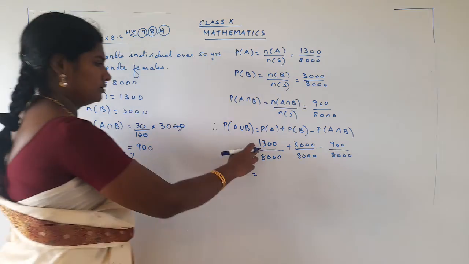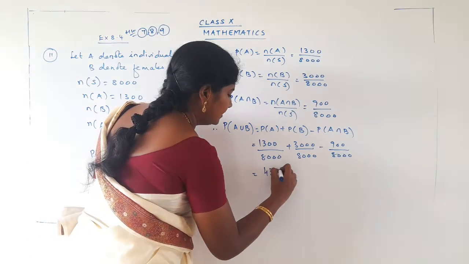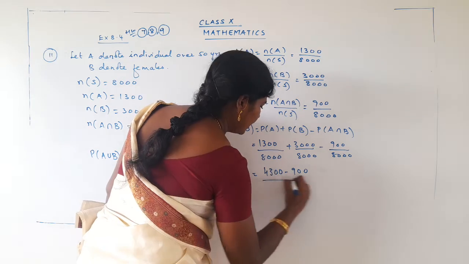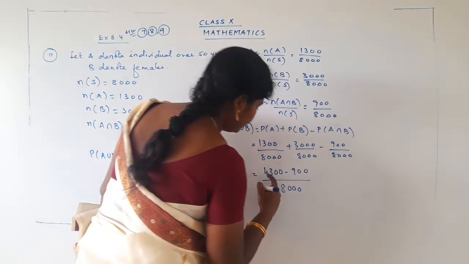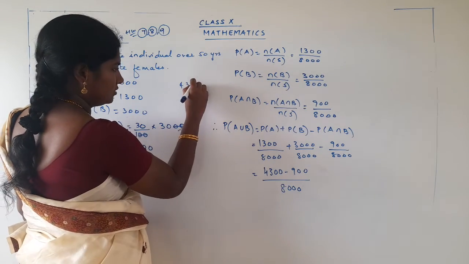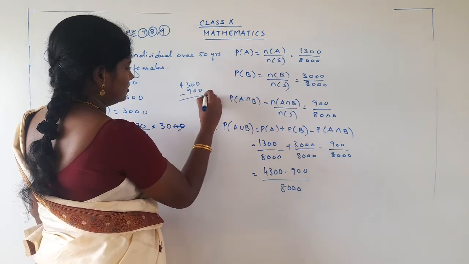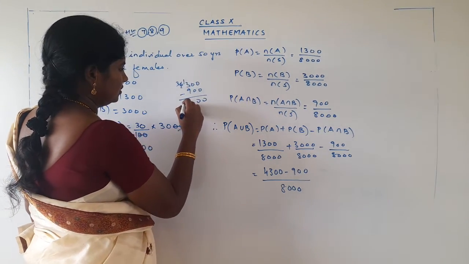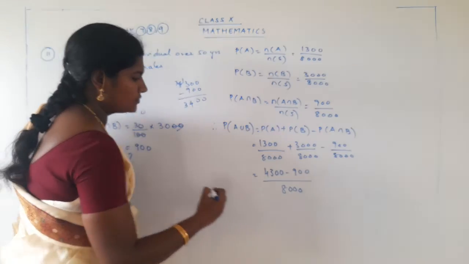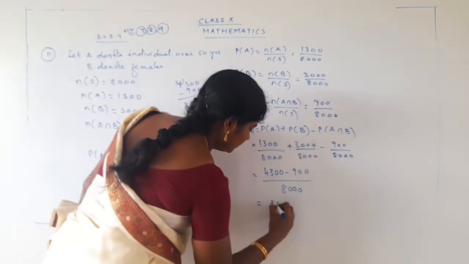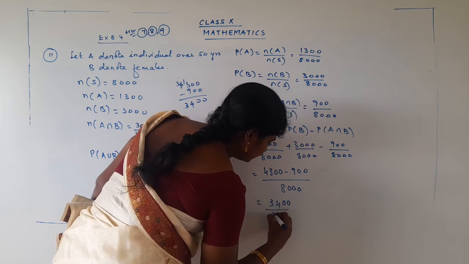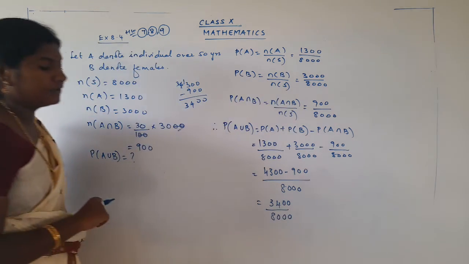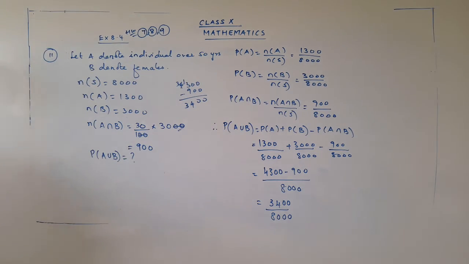So this is 4300 minus 900 upon 8000. Just find out this. 3400 upon 8000. I get 3400 upon 8000.